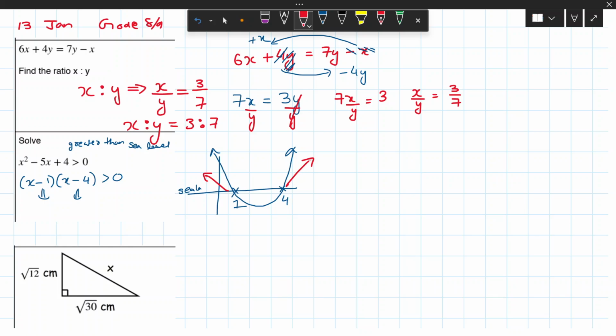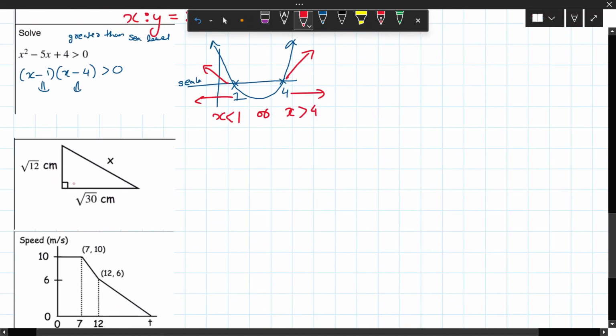Because you're going to the right, that means we're considering this and we're considering that in terms of the numbers. So this would be x is greater than 4, or if you're going to the left, that means we're saying x is less than 1. So your inequality is x is greater than 4 towards the right, or x is less than 1 towards the left.